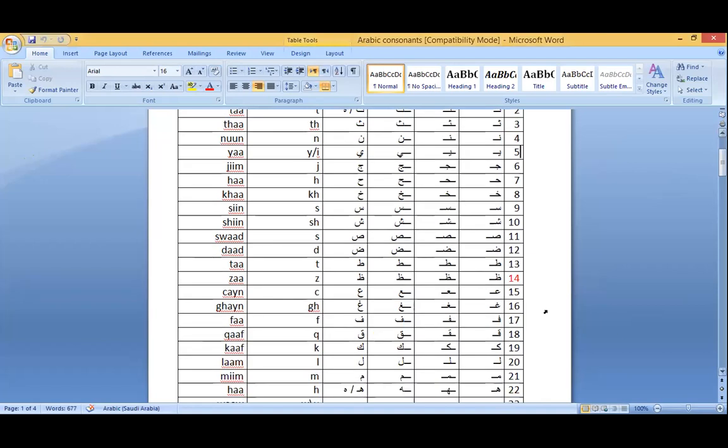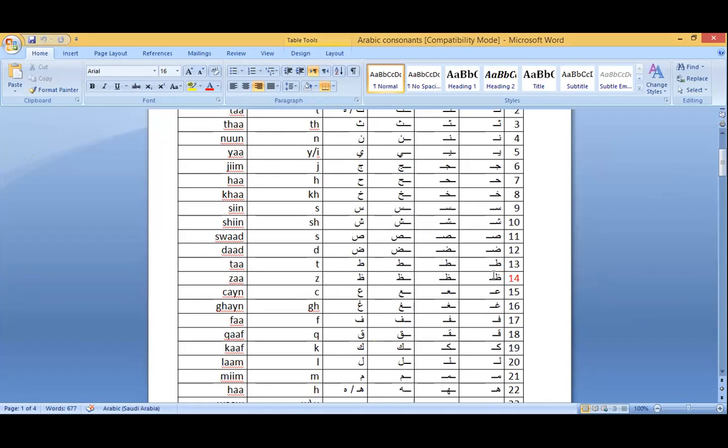Now group 2, sa and sha. Is there any change? No. Isolated versus initial, no. There's no change. Good. Then the other group, sha and da. Is there any change? There's no change. That's right. Da and the. This is isolated, and this is the initial.